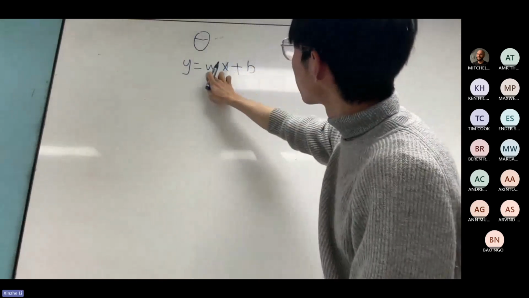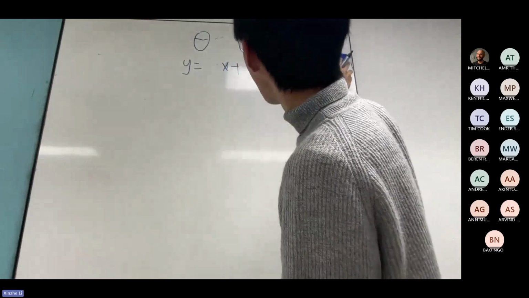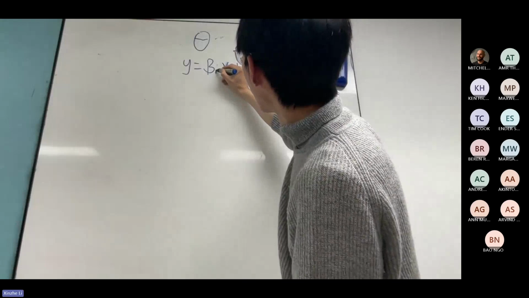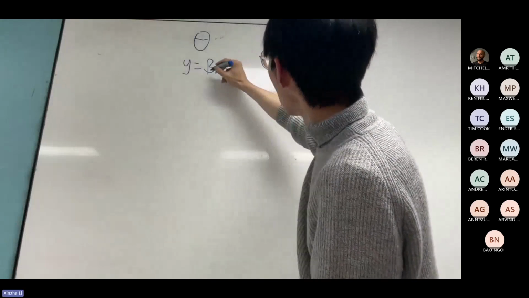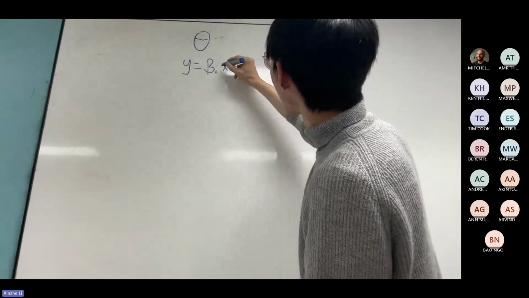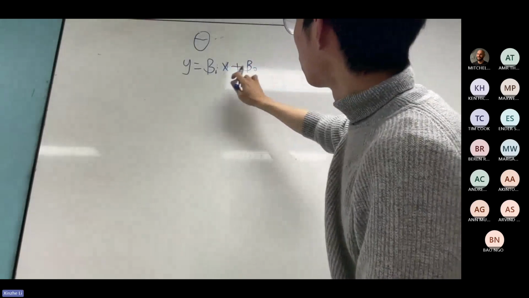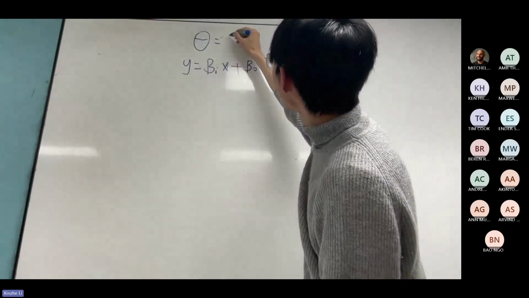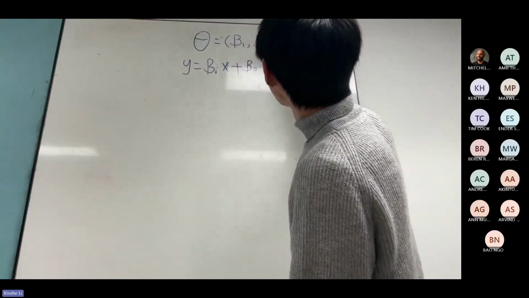Actually, it's just a variable and can be any notation. I just follow my habits: I always use beta 1 for x and beta 0 for b. So now in linear regression, the parameters become beta 0 and beta 1.